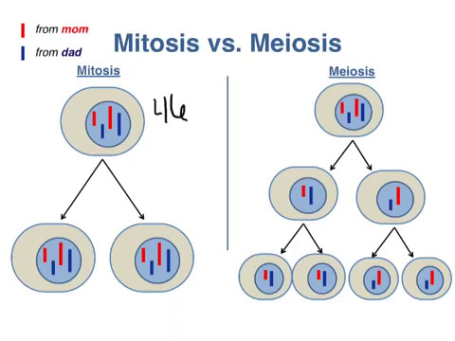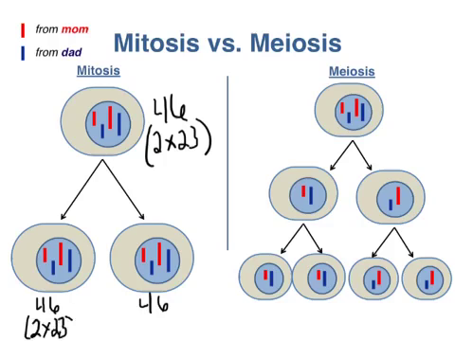So 46 chromosomes, 2 sets of 23, and in each daughter cell, you have an identical number of chromosomes. Each daughter cell has the same 2 sets of 23 chromosomes.